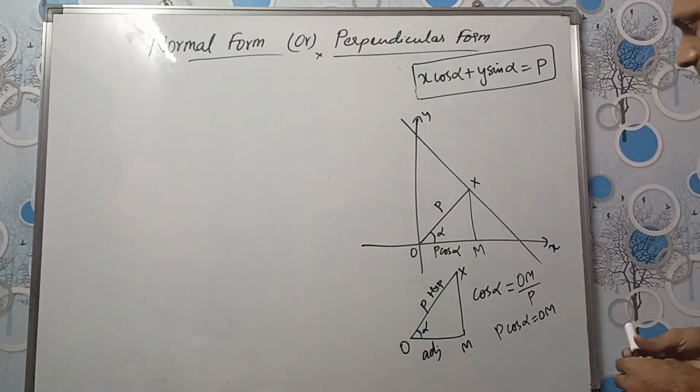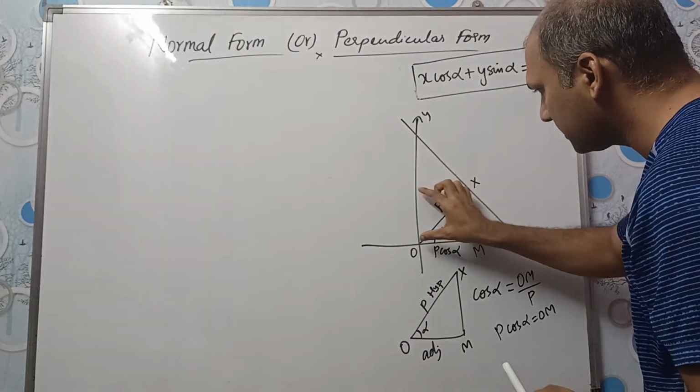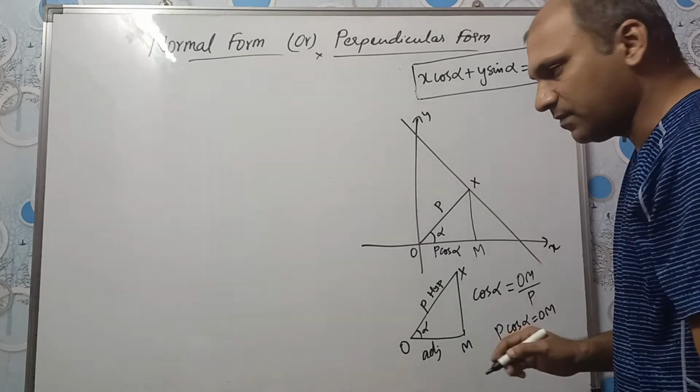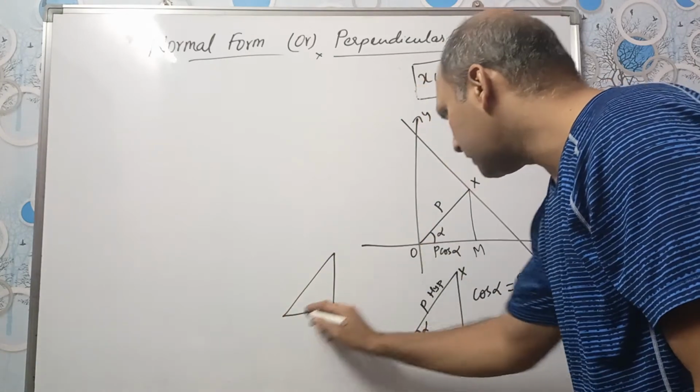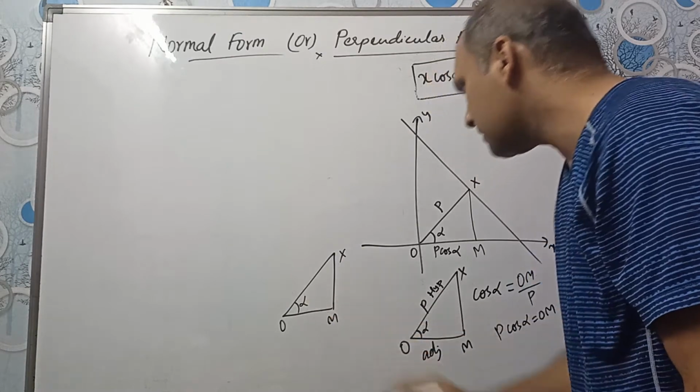In the same way, can we find this part MX? Yes, we can find it. See, let us consider the right angle triangle again, OMX. Here this is alpha.